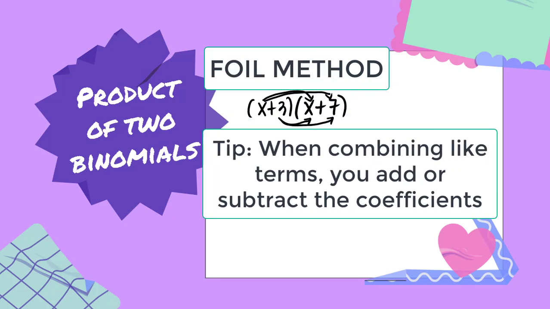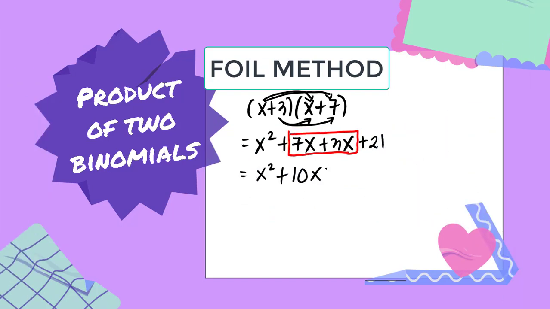You just copy the variable. You don't have to do anything with the exponent when you are combining like terms. So 7 plus 3 is equal to 10, and then just copy the x, plus 21.